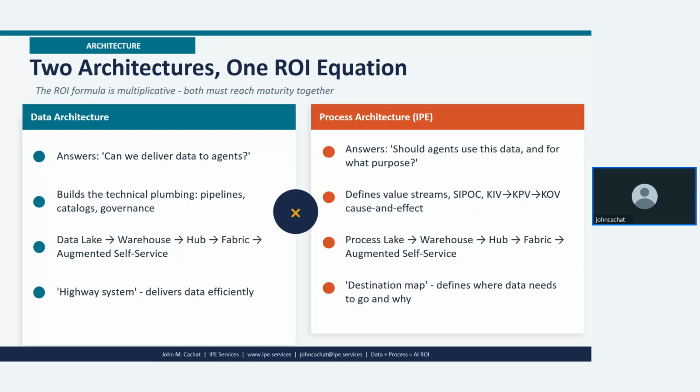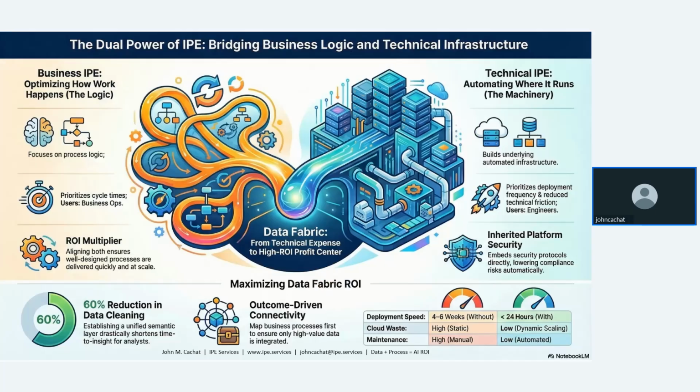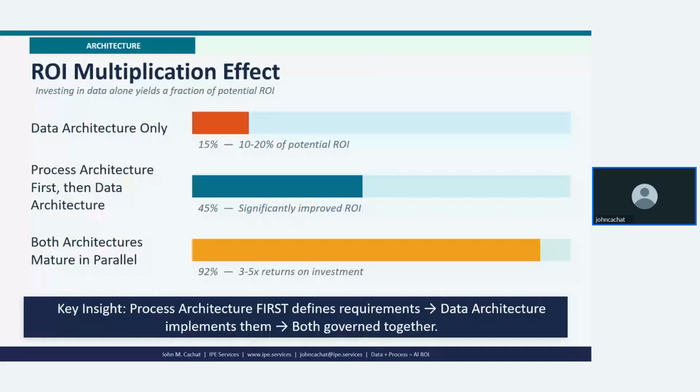So what we're trying to look at then is the power is bringing them together. That's the key. So a data fabric that understands the process of how we do what we do to leverage the data of what we do. There's a multiplication effect. The failures are based on people just doing data architecture or data cleaning, and you get 15, 20% of the ROI.